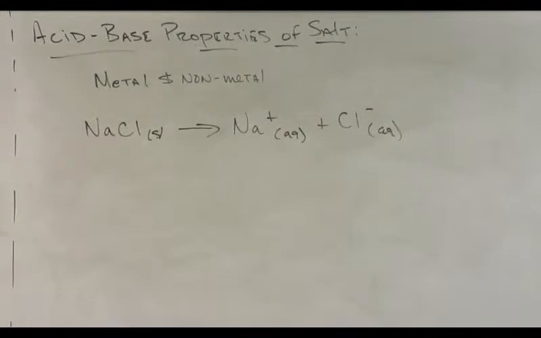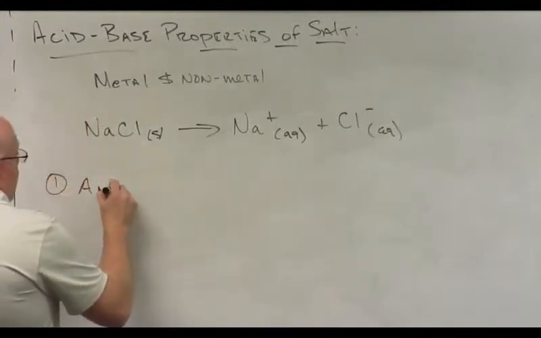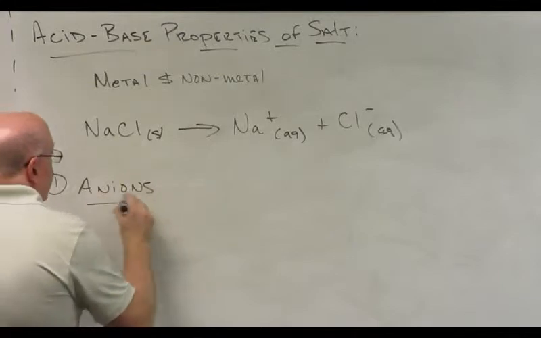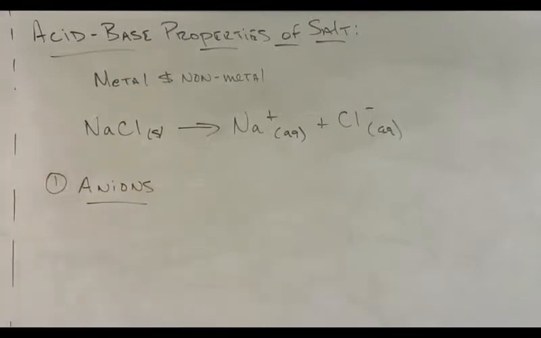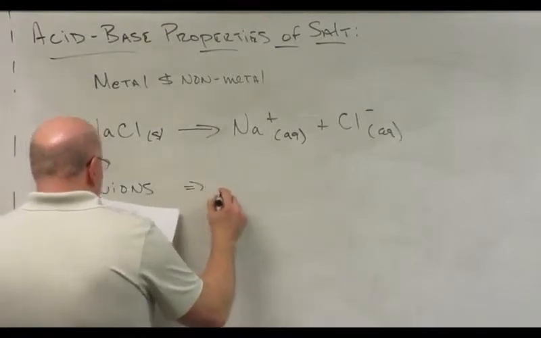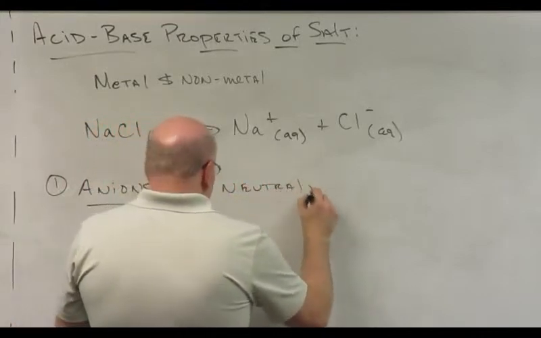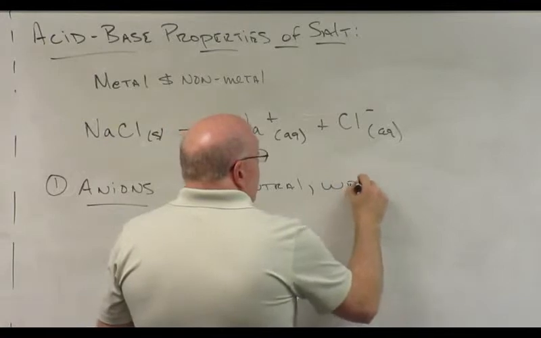Talk about the anions first. That is the negative species. One of the first rules that we'll notice is that in general, anions, when they're released, are either neutral or a weak base.